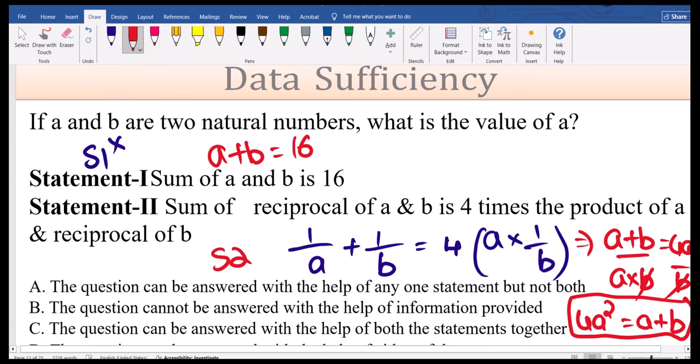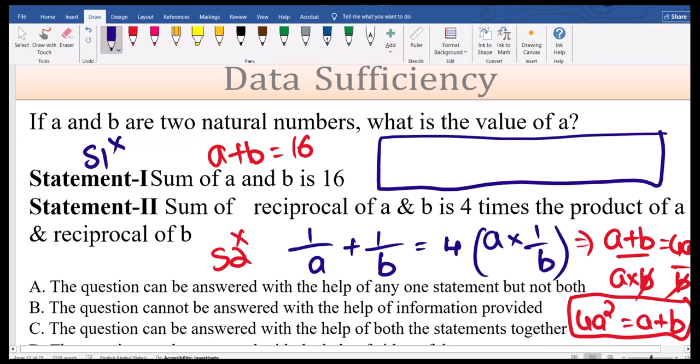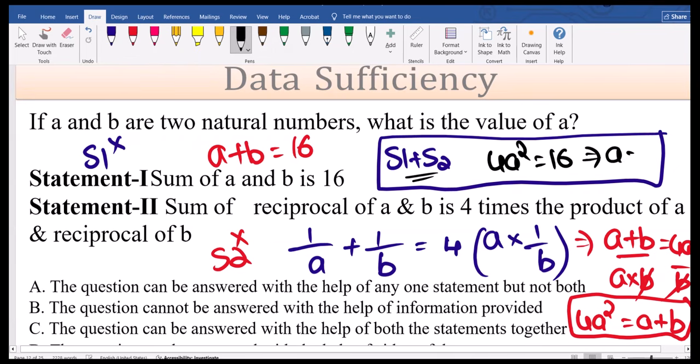Now put together, yes or no. If you put together A plus B is 16, 4A square equal to 16, A equal to plus or minus 2. A is either plus or minus 2.